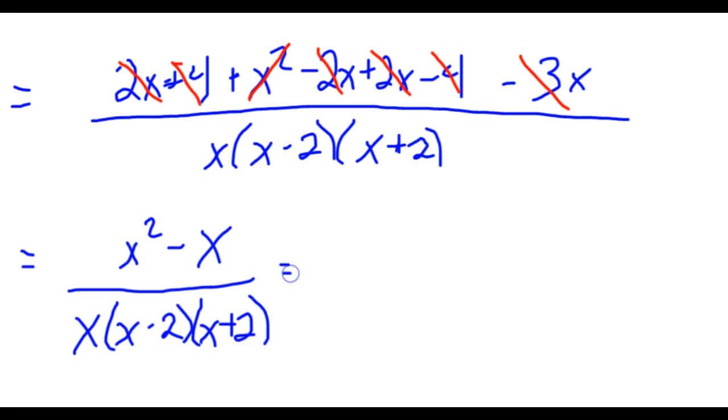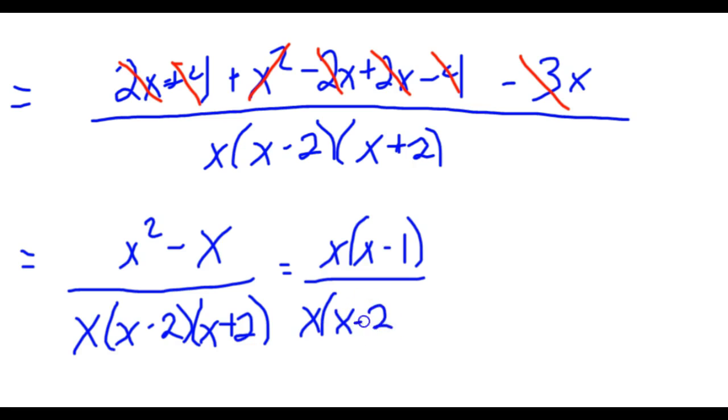Numerator, you should see we have a value of x that we can take out of both those terms. So we have x times x minus 2 times x plus 2. Now we can see we have this factor of x that we can eliminate.